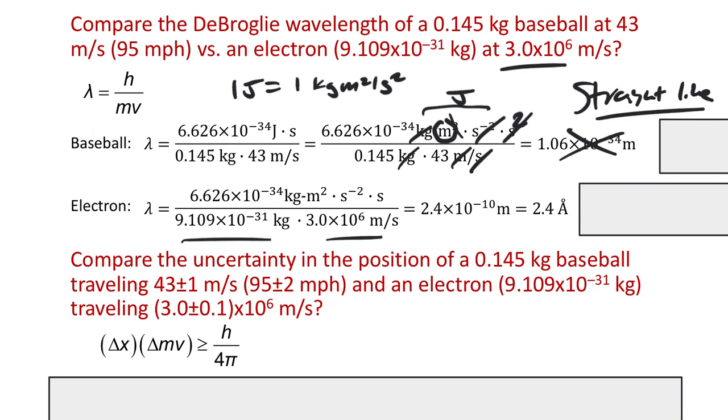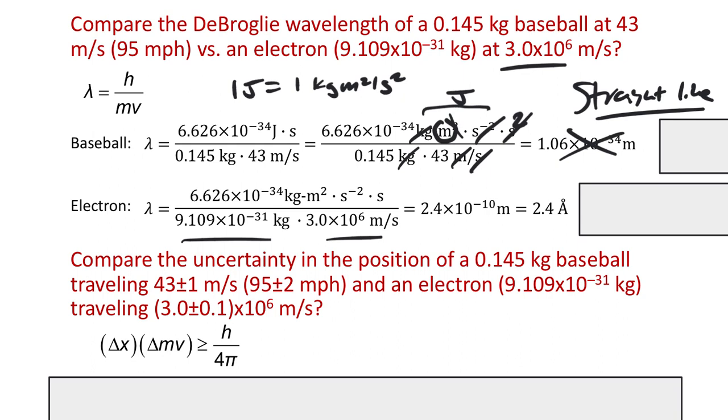The diameter of most atoms is about 1/2 to 1 angstrom, so this is about the trajectory of an electron around a nucleus. As the electron travels around the nucleus, it has wave-like behavior. This wavelength is on the size of the electron's trajectory, so it's an important value to consider.